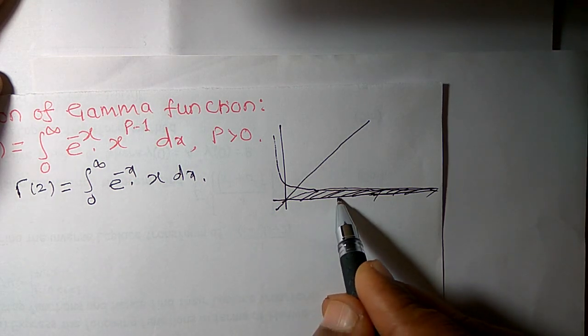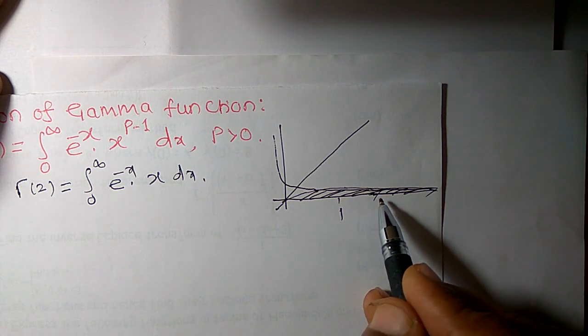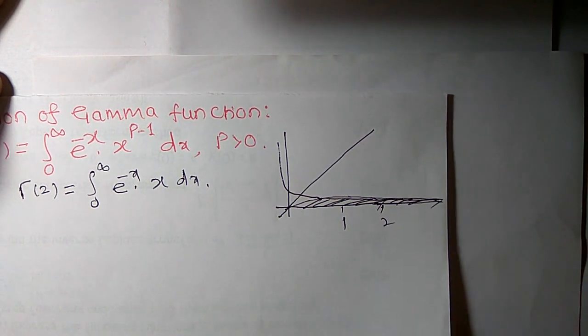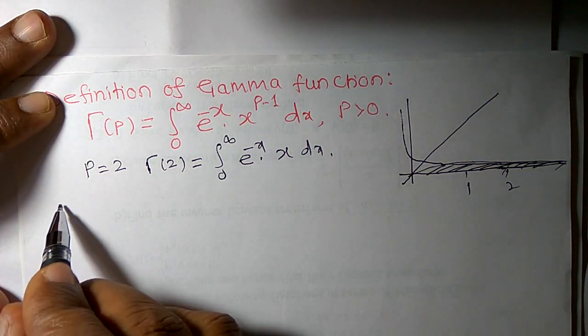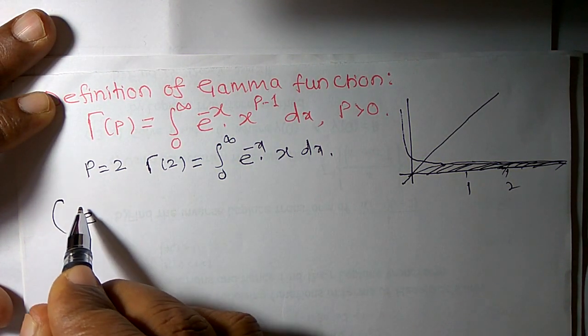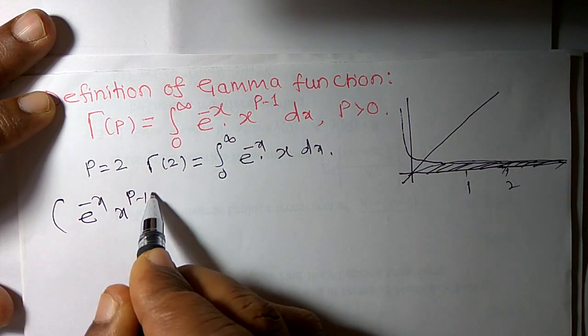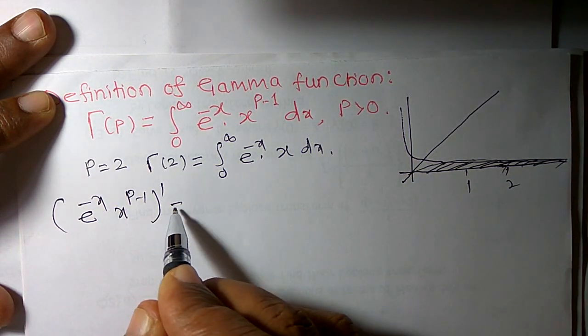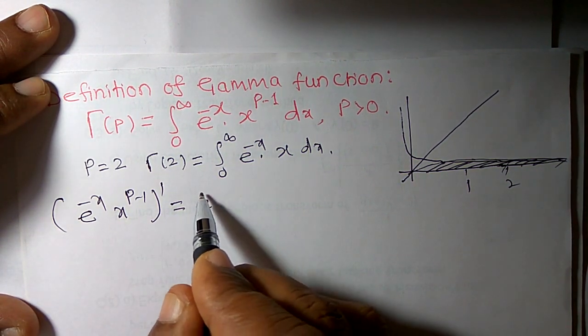So sometimes I can say that you will get a maximum value of x. How are we going to calculate it? I am going to find the derivative of e to the power minus x, x to the power p minus 1, right? So you can differentiate using the product formula.